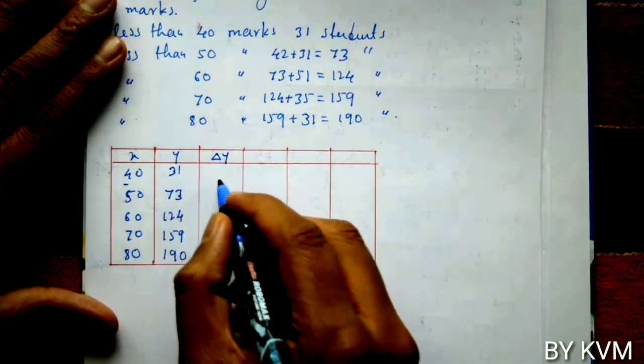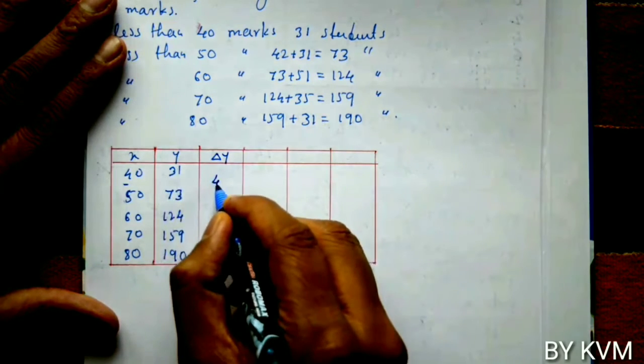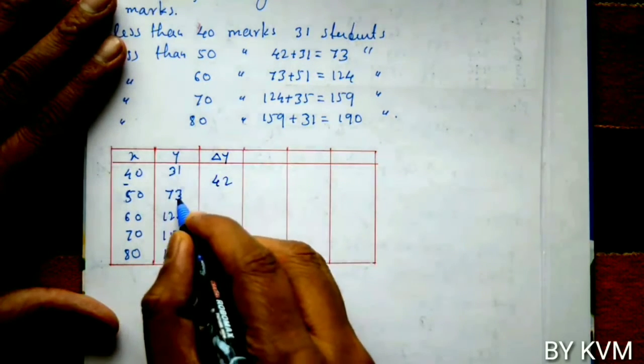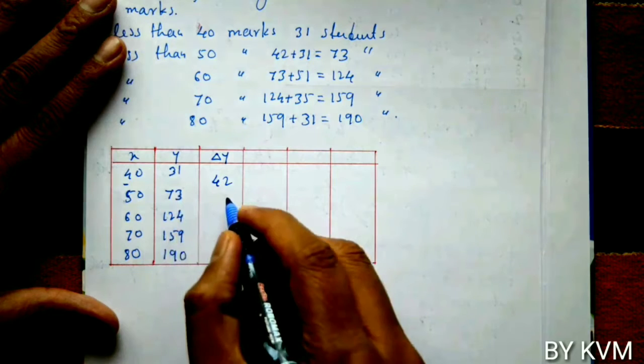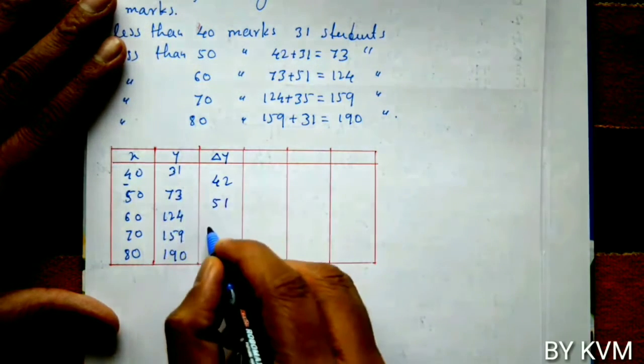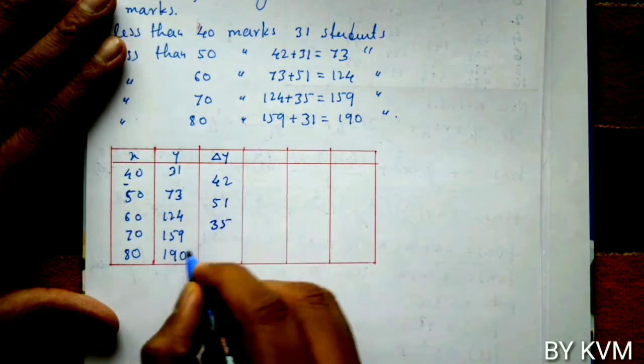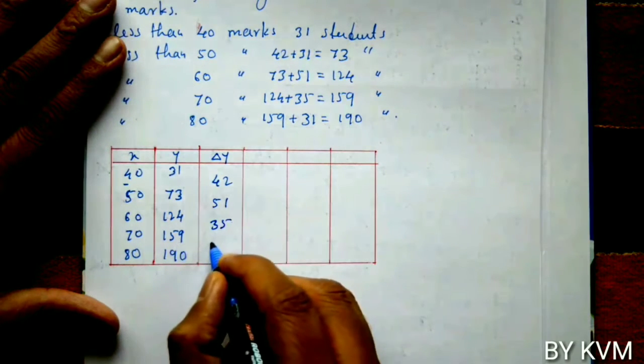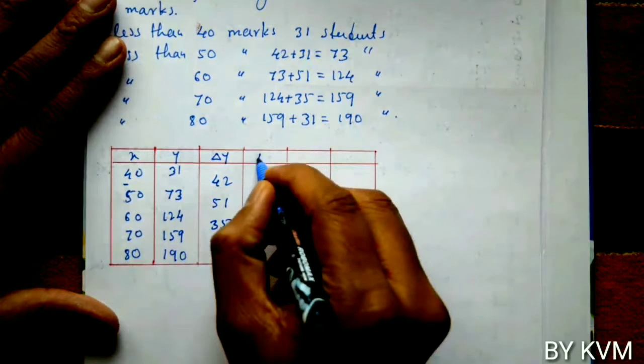So 73 minus 31, 42; 124 minus 73, 51; 159 minus 124, 35; 190 minus 159, 31.